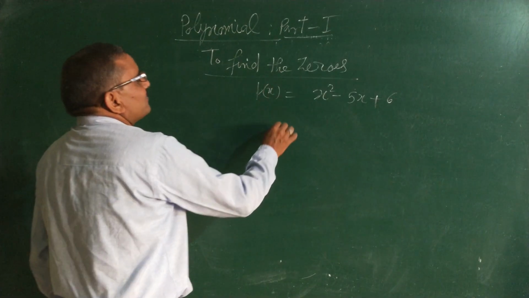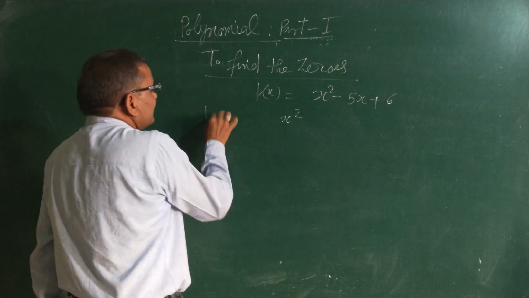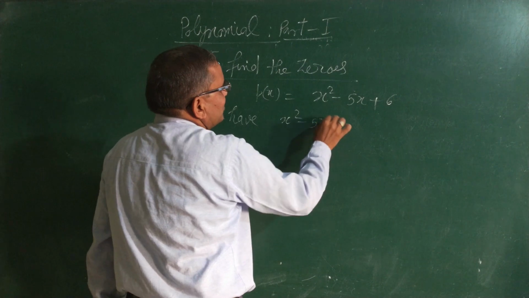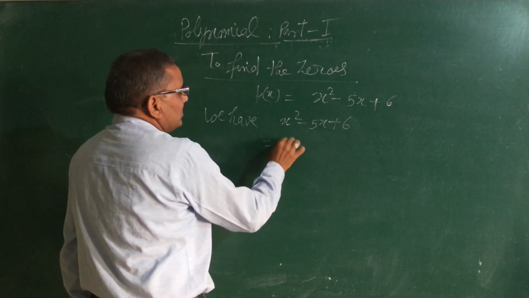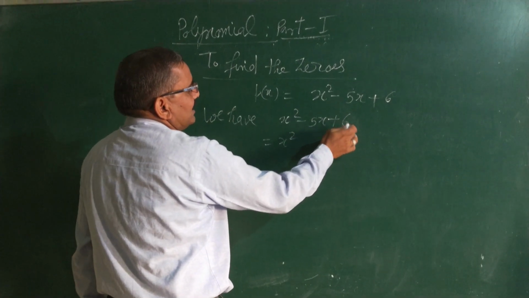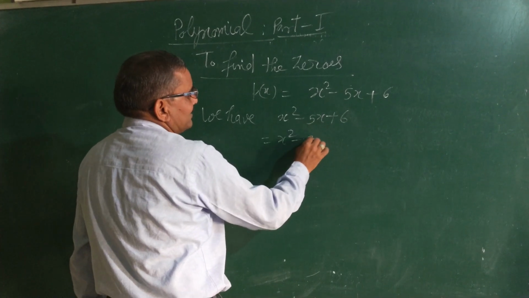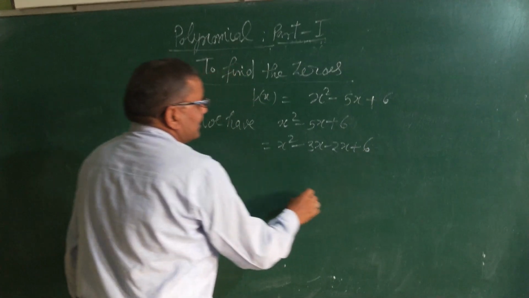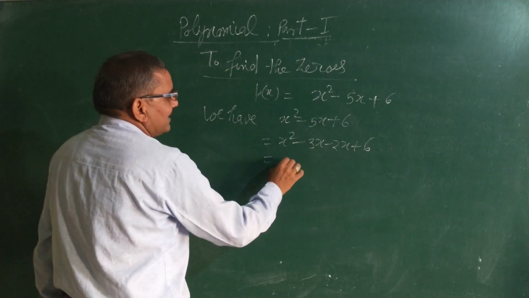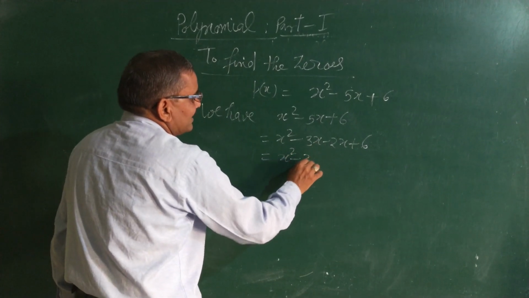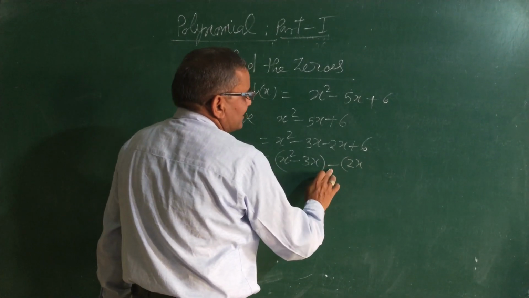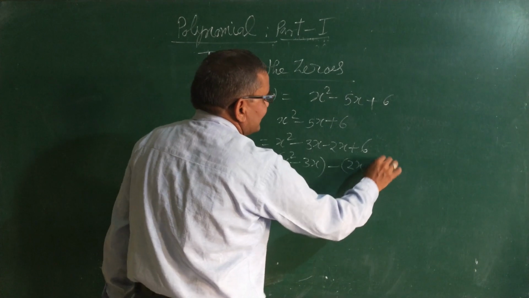So let us factorize. Yes, we have x square minus 5x plus 6. This is equal to x square, 6 means 2 times 3 is 6, so 5 can be written as 3x minus 2x plus 6. Now take x square minus 3x in one bracket, minus 2x, take minus 2 outside, so here it is minus 6.